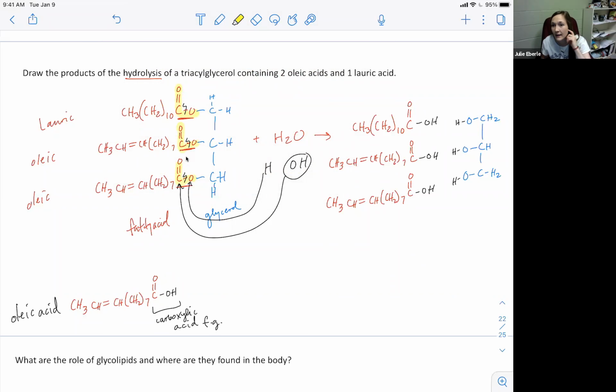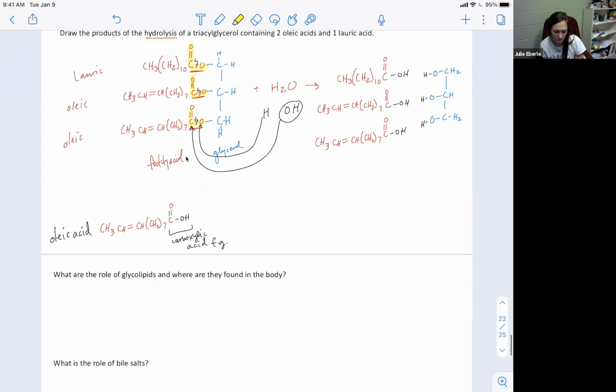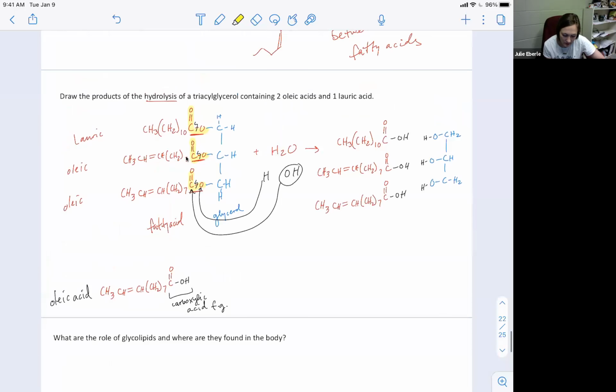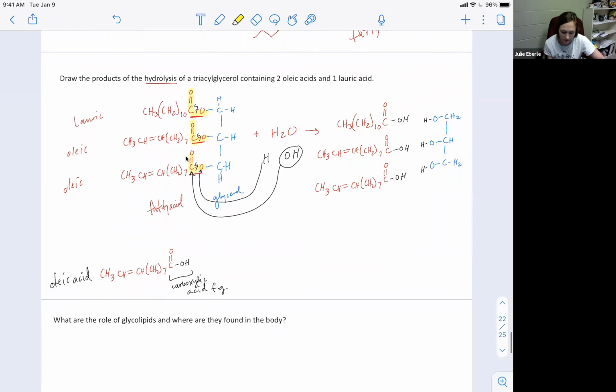So we're breaking that ester bond. Then the OH group binds to the carbonyl carbon, the hydrogen bonds to the oxygen from glycerol, and you get your 3 fatty acids and a molecule of glycerol, okay? All right, any questions on the hydrolysis of a triacylglycerol?